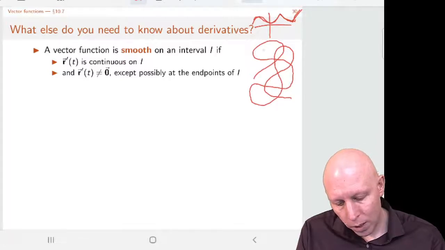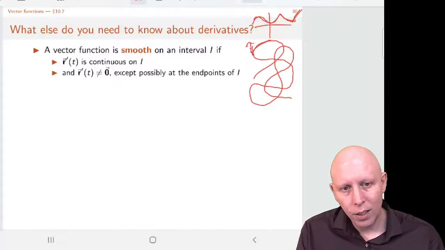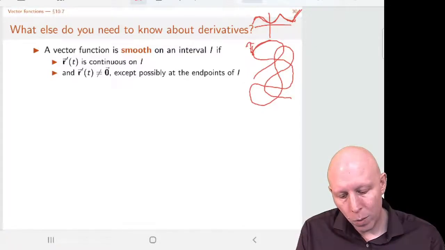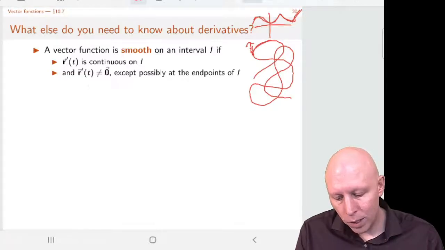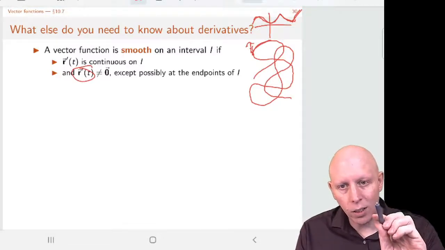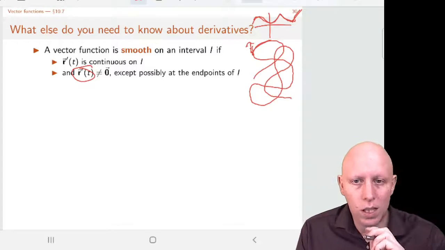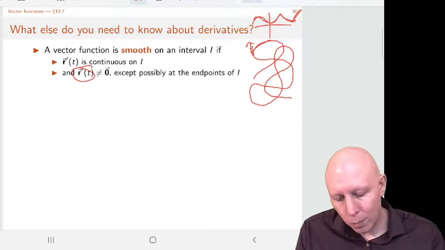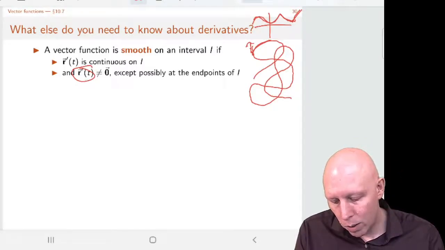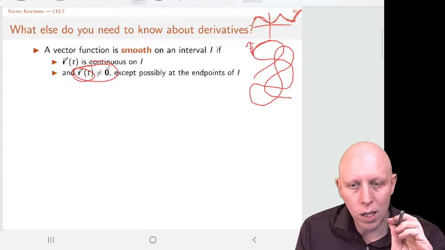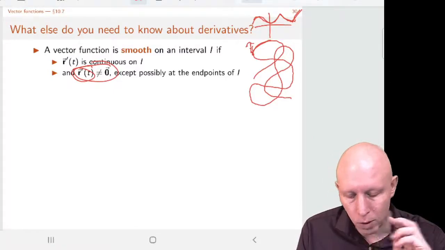We also kind of want this function to keep turning, but turning in a nice way. So we want the derivative of the function, this tangent vector, to not equal 0, except maybe at the endpoints. But what would it mean for this vector to be 0?